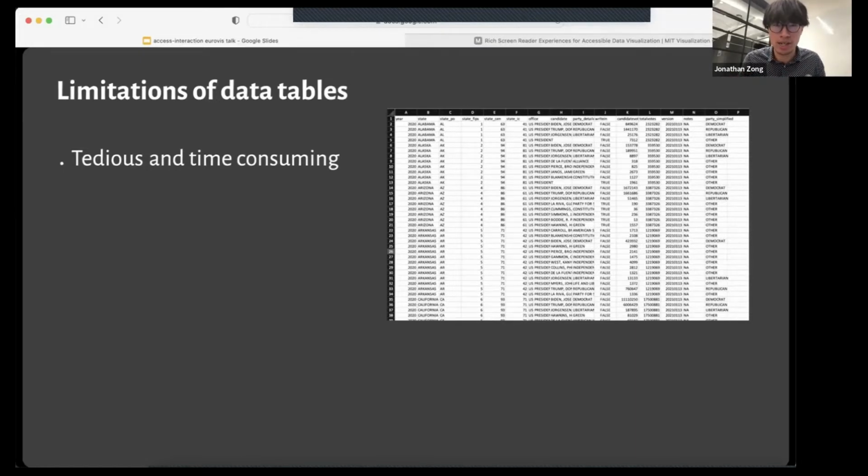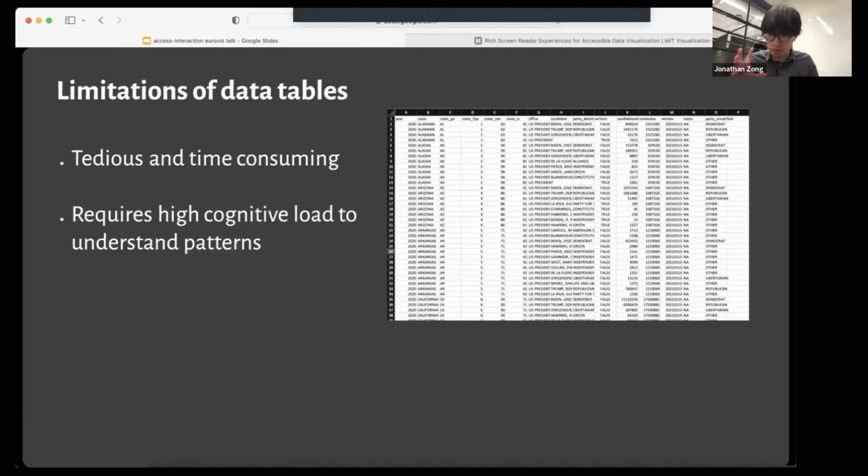But it does have some drawbacks, right? Data tables can be pretty tedious and time consuming, especially if you're using a screen reader. You're going to have to read out every single row one at a time, and that would take much longer than anyone would want to spend reading a chart. There's also the issue that it requires high cognitive load to understand patterns.